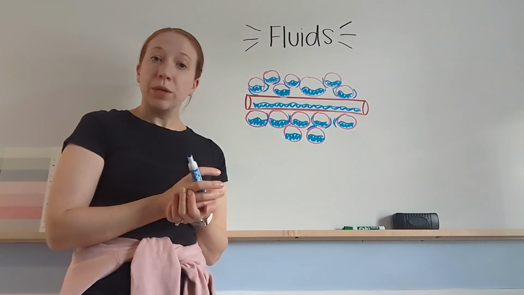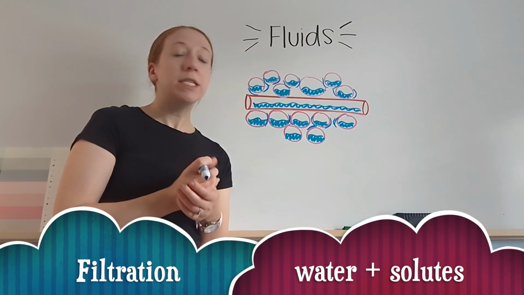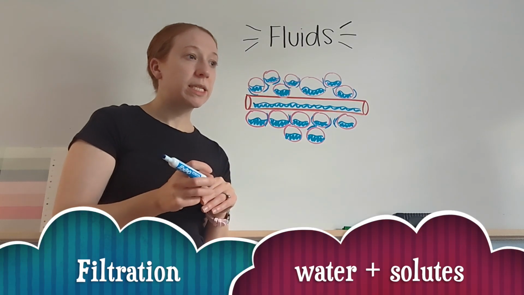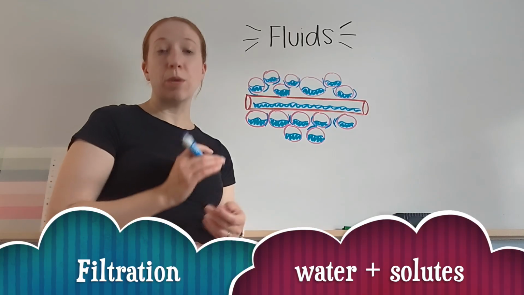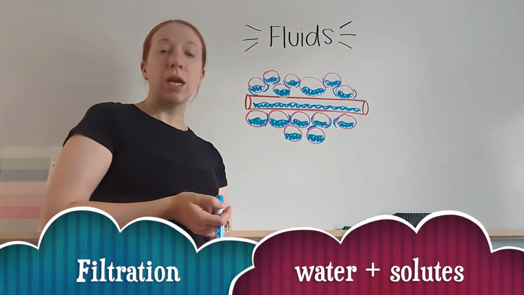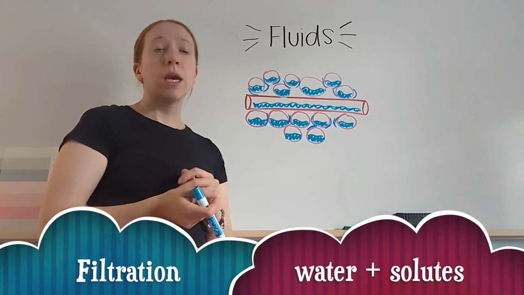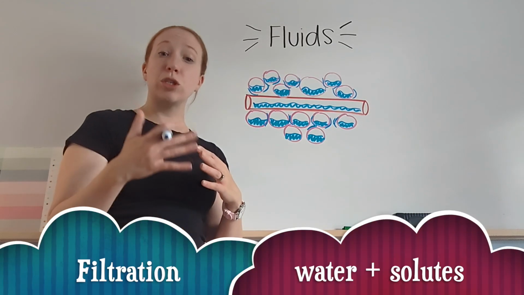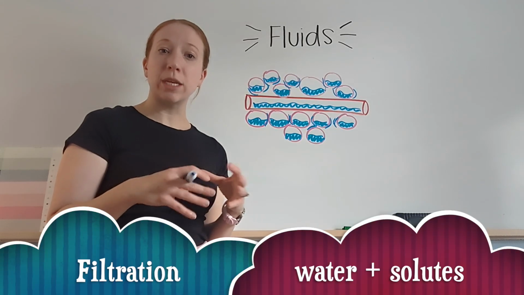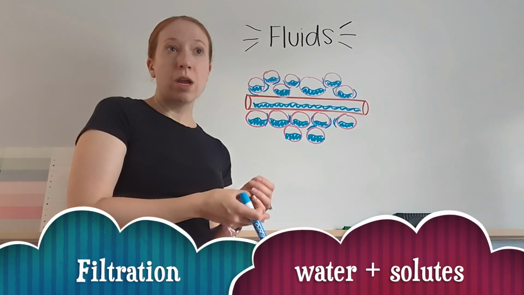Okay. We also use a term called filtration. Filtration is very similar to osmosis, except we're talking about water and solutes moving across the cell membrane. So osmosis we use to describe water movement. With filtration, we're talking about fluid and solutes or other components that are dissolved within that water moving together.